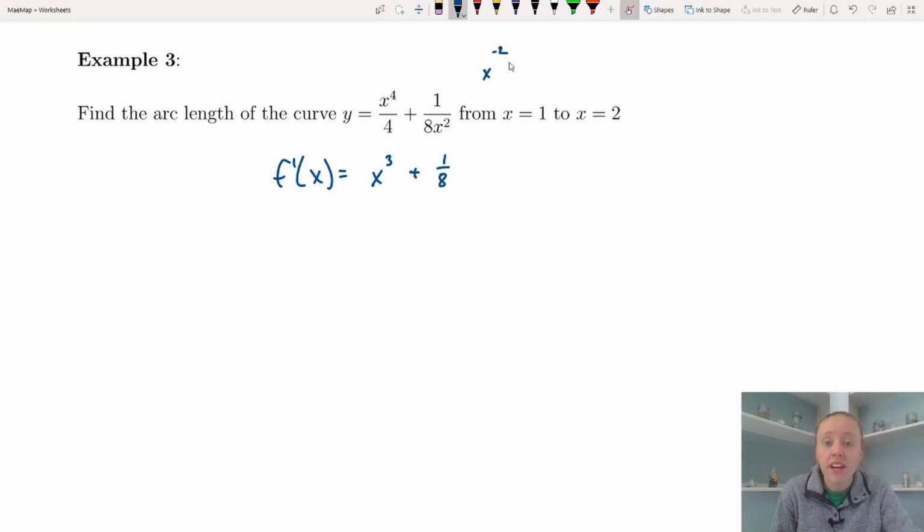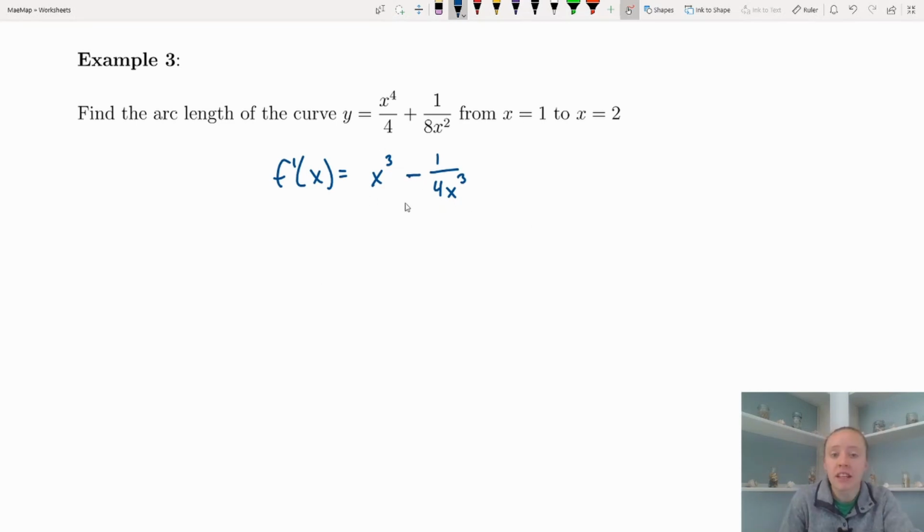So taking the derivative of x to the negative 2, bringing that negative 2 down in front and decreasing that exponent by 1, that's going to be negative 2x to the negative 3, or negative 2 over x cubed. And remember, that all is multiplied by this 1/8. So negative 2 over 8 is actually going to be a negative 1/4. And so I'll have minus 1/4 x to the negative 3, or minus 1 over 4x cubed.